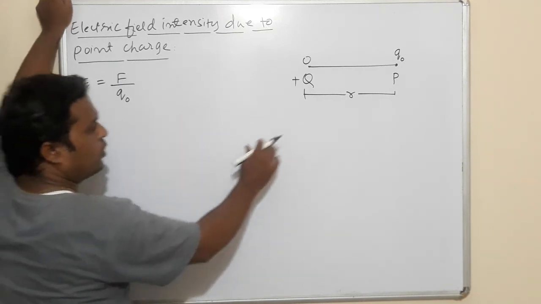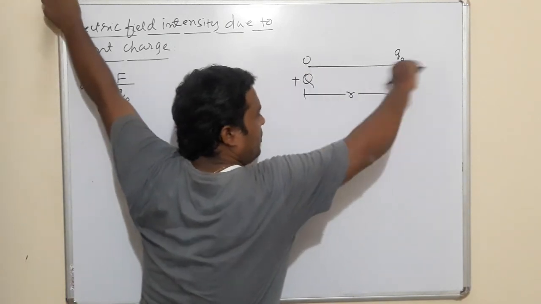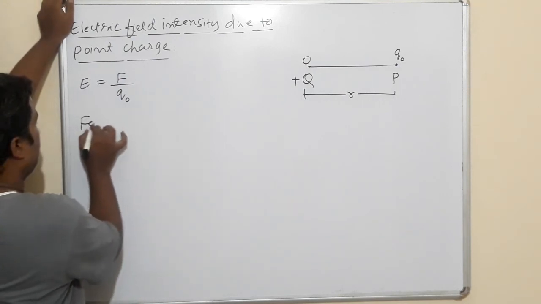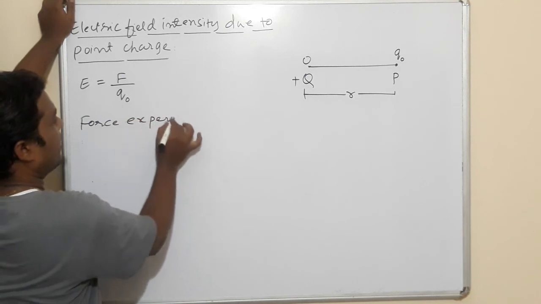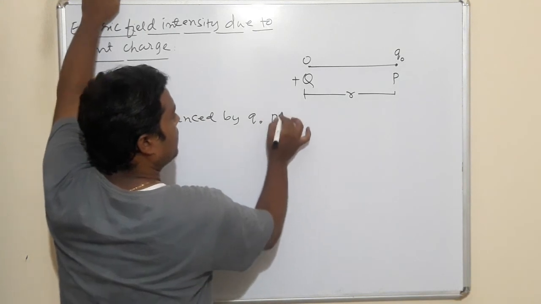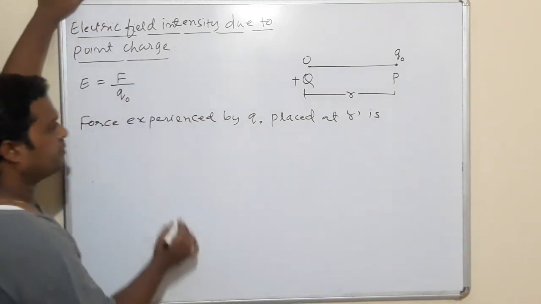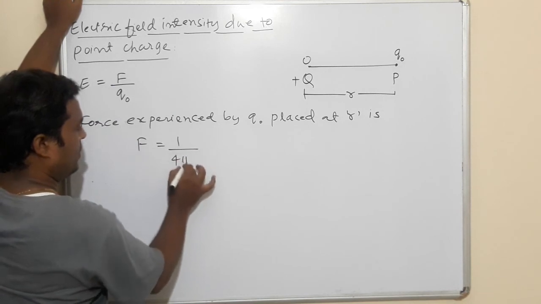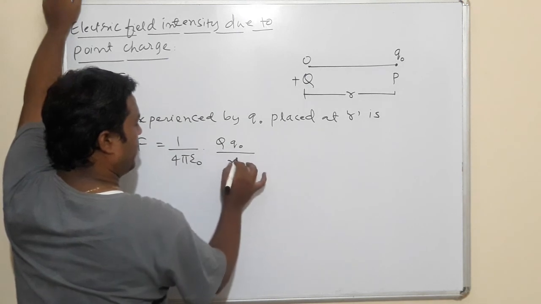Then according to Coulomb's law, you can write the force between these two charges. The force will act in this direction because it is repelling the positive charge. The force experienced by Q naught placed at distance r will be equal to 1 by 4 pi epsilon naught, capital Q into small q naught, divided by r square.